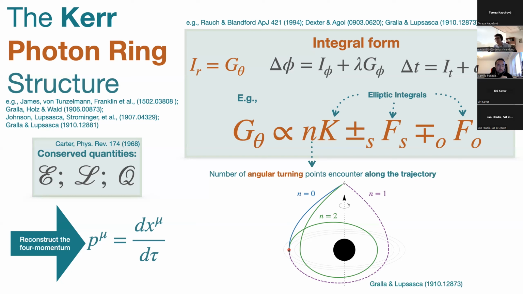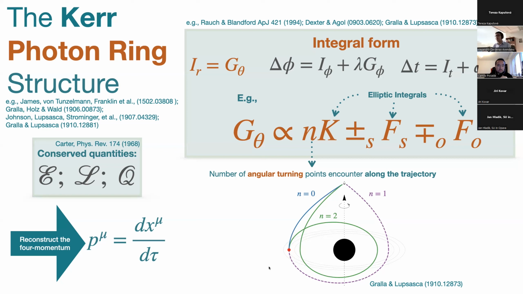But from the same emission point, there is also this n equal 2 that makes 2 extra turns. And remember, this whole nested structure of rings, photon rings, are fully determined or characterized by properties of the Kerr solution. Also, what's important here is notice that these n equal 1 photons are actually seeing the back part of the accretion disk if I'm considering an equatorial plane. And this is going to be very interesting.